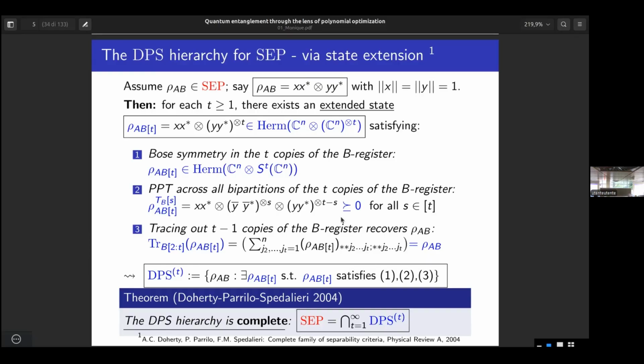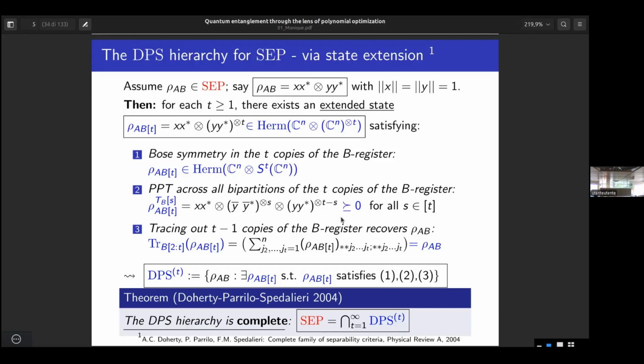Another way to say it: if a state is not separable, then it doesn't lie in the infinite intersection, which means that there is some level which will characterize its entanglement. So for every non-separable state, there will be a level in the hierarchy such that the state doesn't lie in it. And this is independent of n.